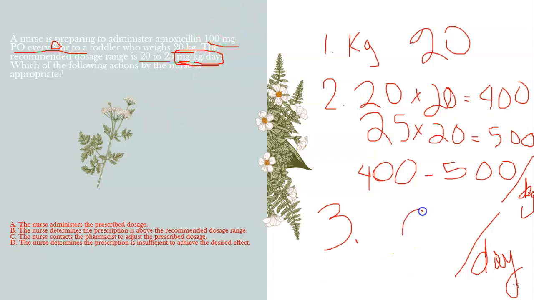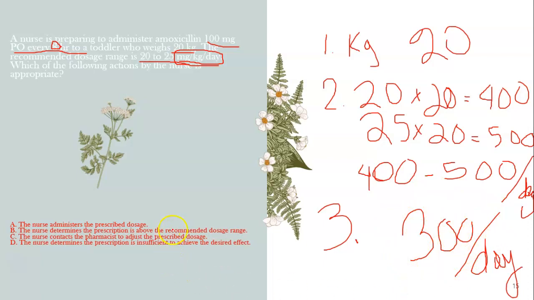They want me to give 300 per day. Hold on. No, no, no. They said that the normal would be 400 to 500. So what am I doing if I go give this? I'm underdosing the kid, right?